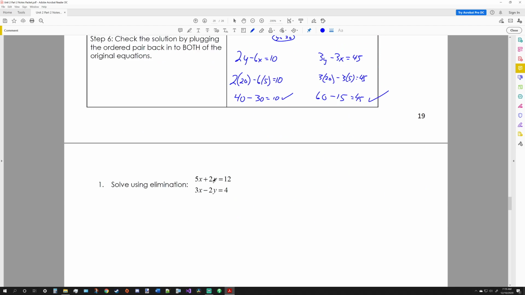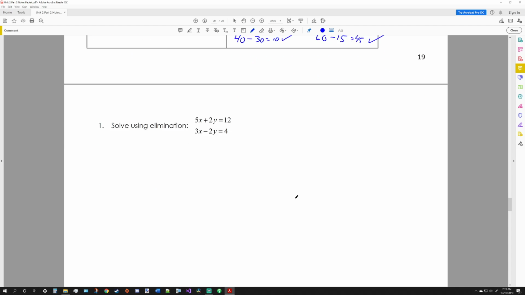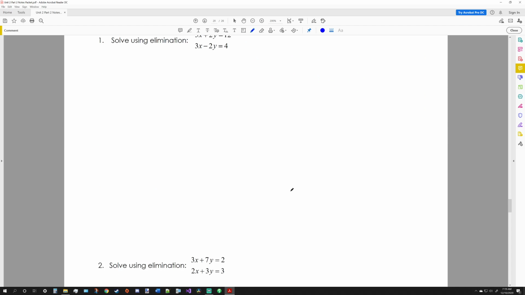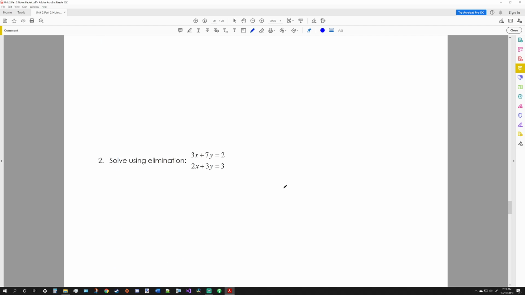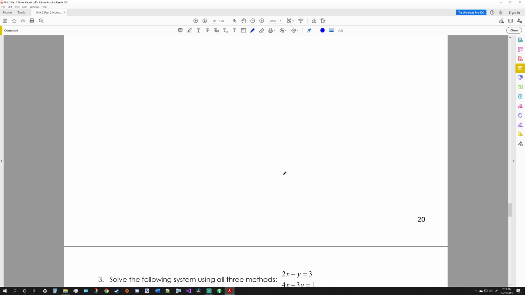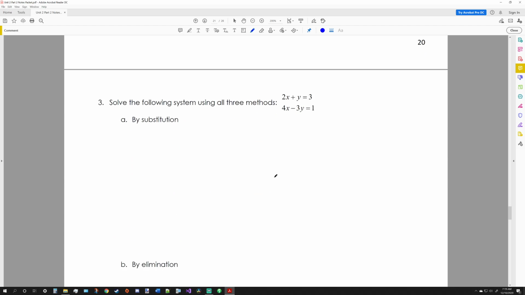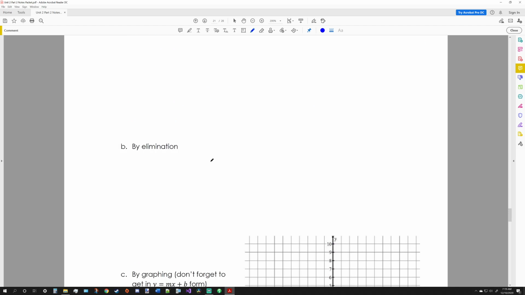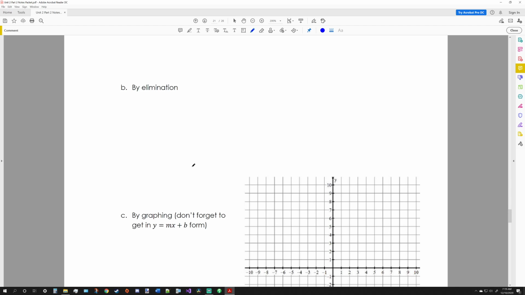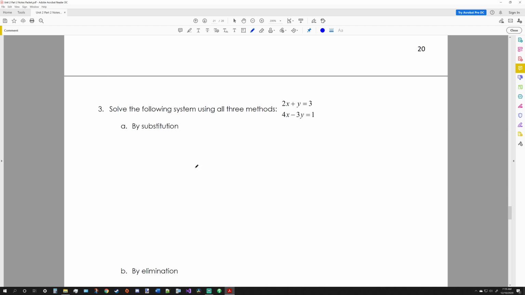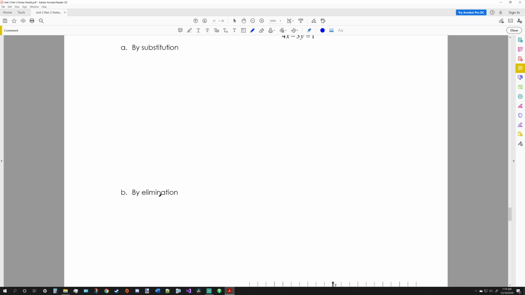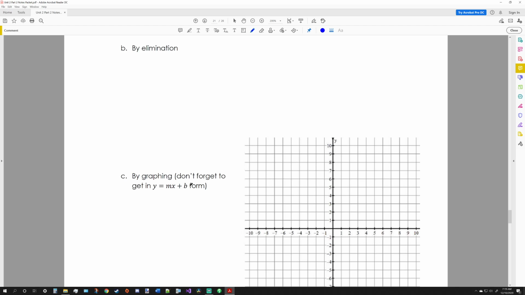Okay? So you guys have some practice here. You guys can start working on this practice, solving using elimination. Number 3 on the next page goes into the three different methods of solving: substitution, elimination, and graphing.